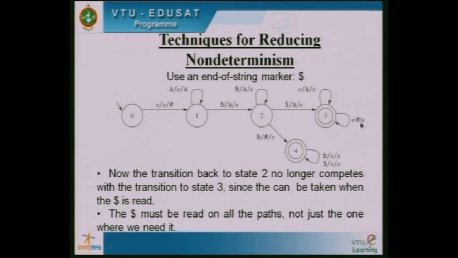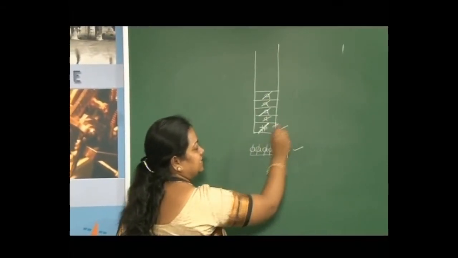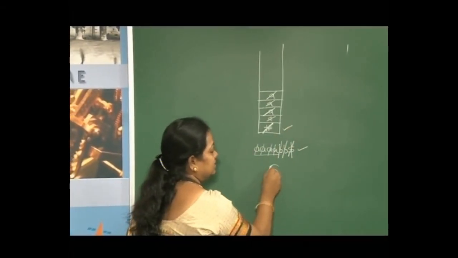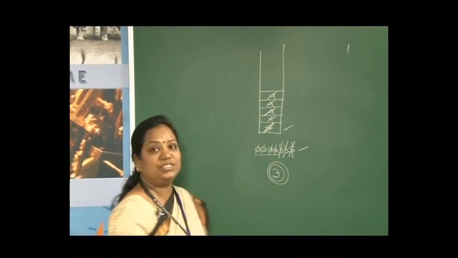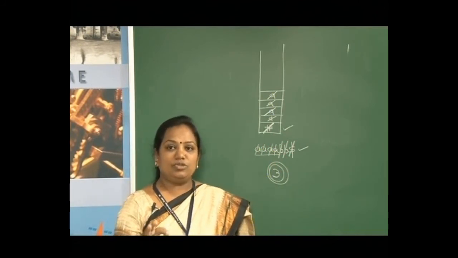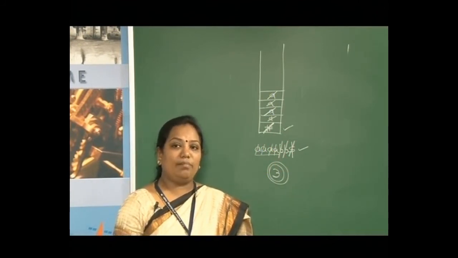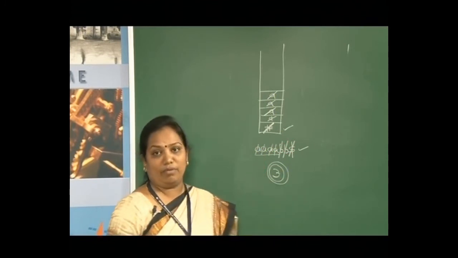Being at state 3, input is empty, stack topmost is hash, then what to do? Pop hash from the stack and be in the final state. Now, hash is also popped. So, input string is empty, stack is empty, you are at the final state 3, hence the string is accepted. So, this is for number of A's more than number of B's.